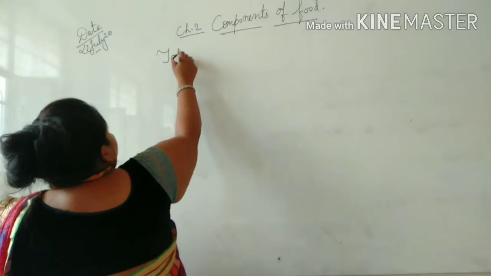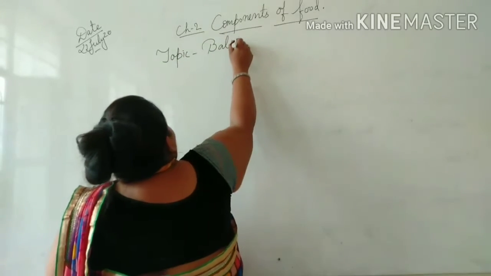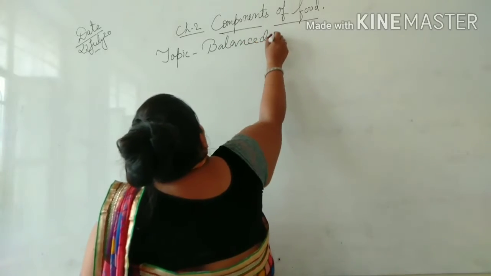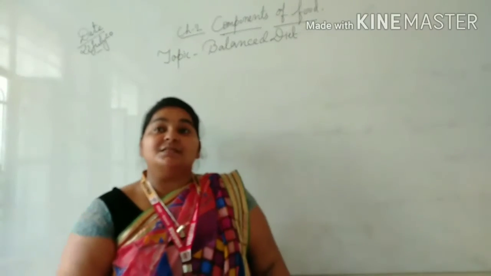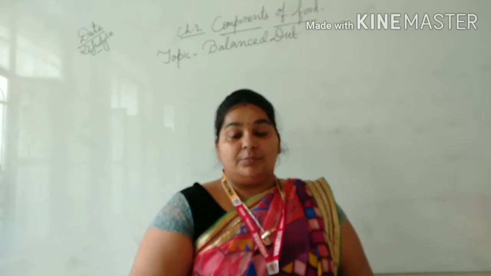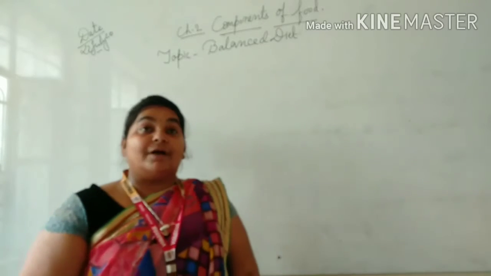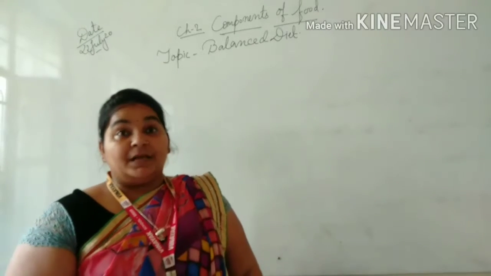First of all, we are going to discuss balanced diet. This is the main topic for today's lecture. What is a balanced diet? Do you know what a balanced diet means? Actually, the balanced diet, which contains all the components of food required by our body in adequate amount, is called a balanced diet.